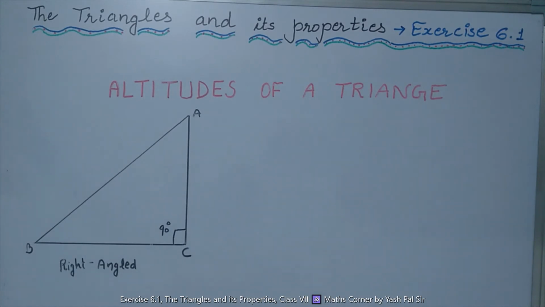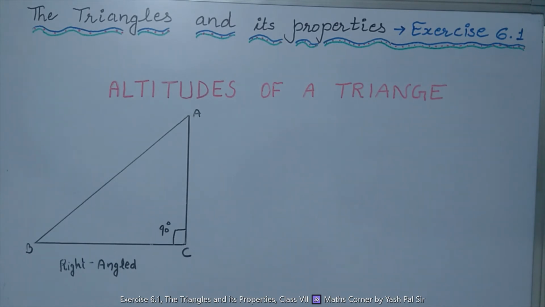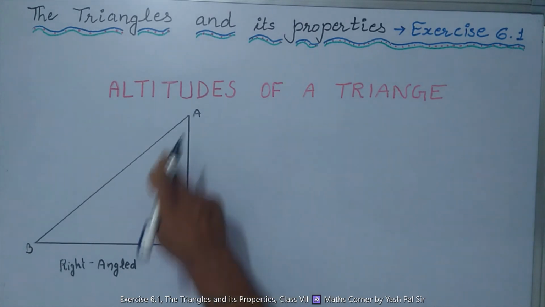My dear students, now let us see one triangle. This is a right angled triangle. That means one angle of the triangle is 90-degree. Now tell me, what is the altitude of this triangle?